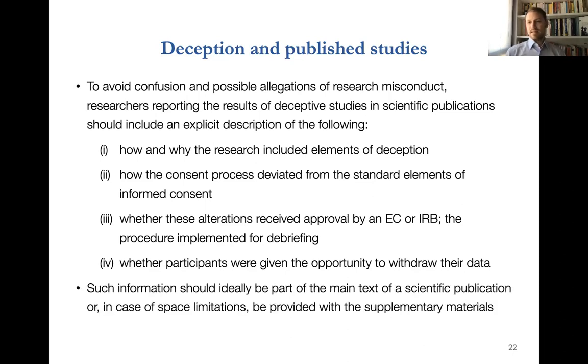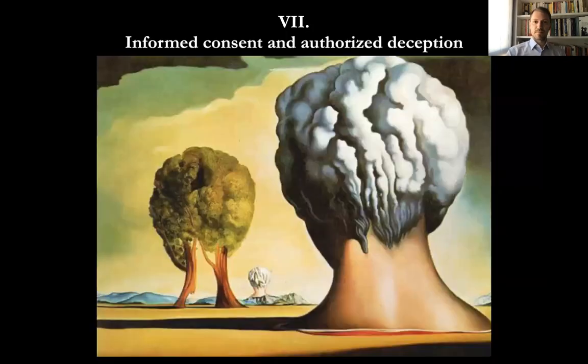Ideally, this kind of information should be inserted in the methodology section, but in case, for example, of space limitations, it can and should be provided with the supplementary materials.